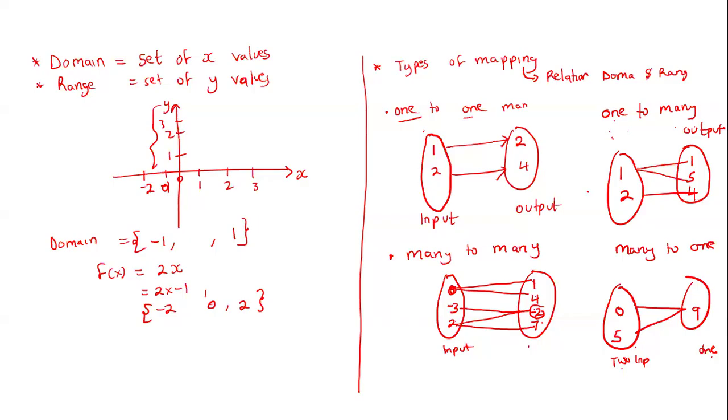What is the condition for something to be called a function? One of the conditions is that the output is 1.